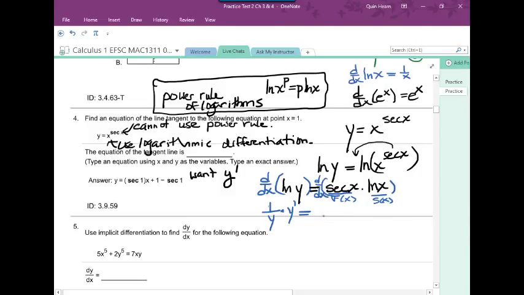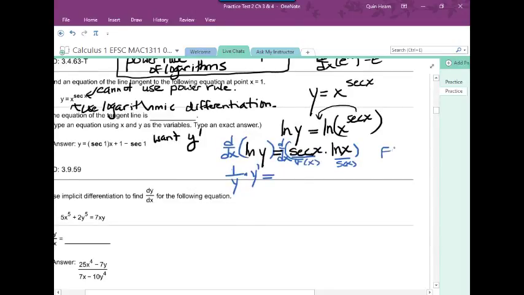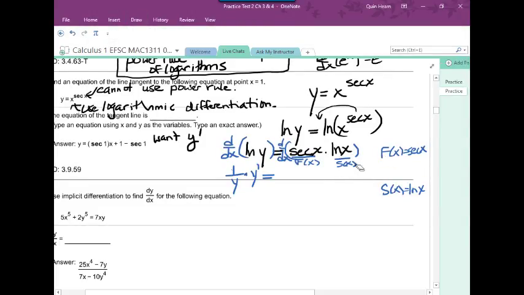Your first function is secant of x, and your second function, S of x, equals natural log of x. Now the derivative is going to be the first times the derivative of the second plus the second times the derivative of the first. So we're going to need to take the derivative of each part.